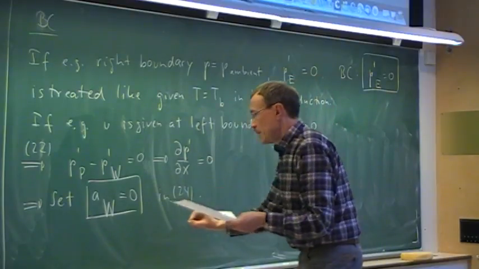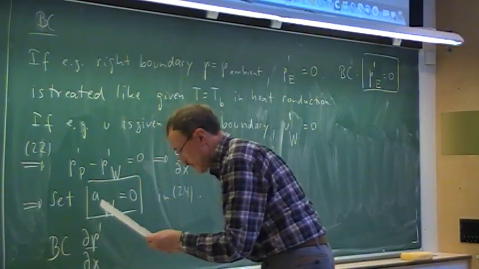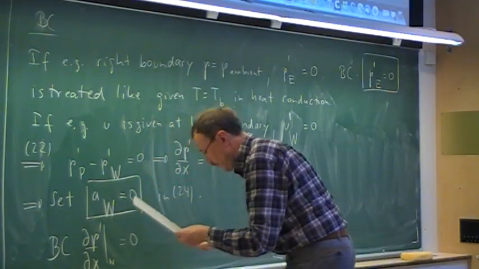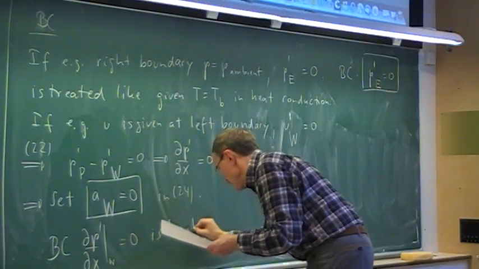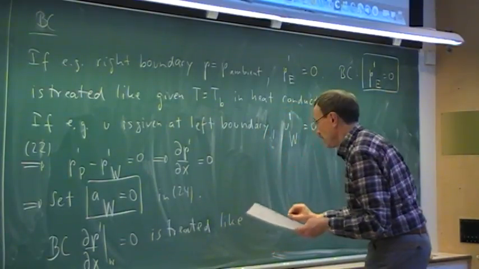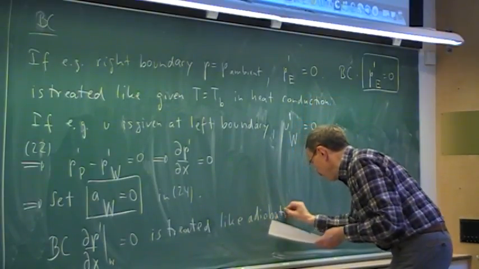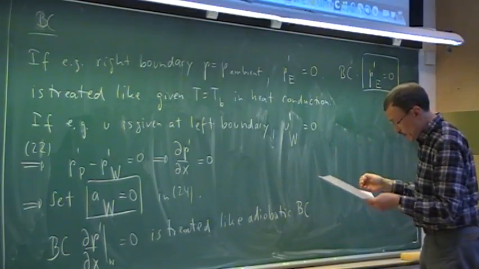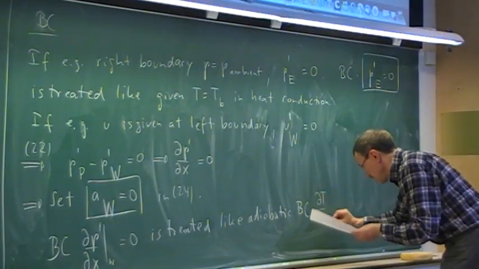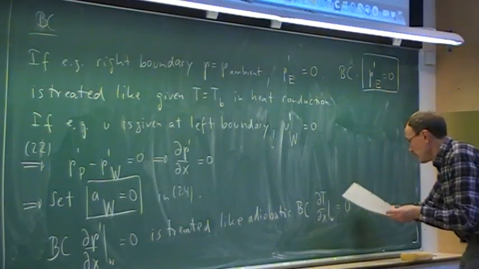The boundary condition dp prime dx at the western boundary equal to 0 is treated like an adiabatic boundary condition, where dT dx is 0 in heat conduction.